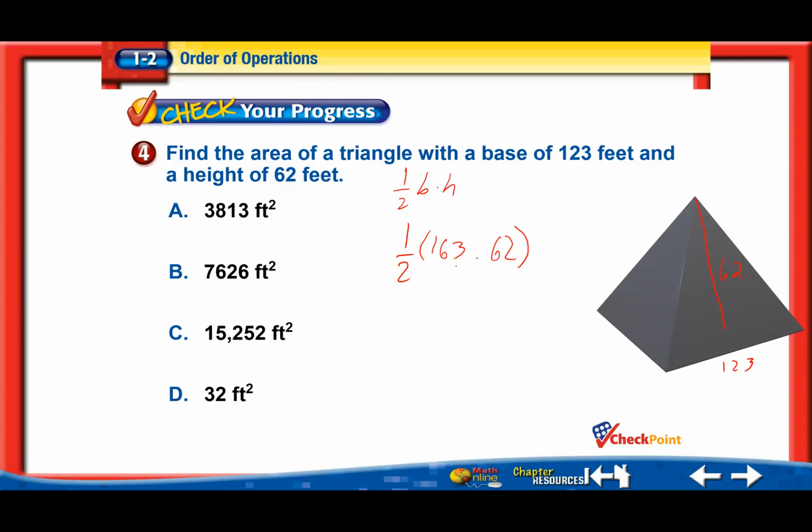So let's punch those into my calculator. 163 times 62 equals, I get 10106. And I'm going to times that by 1/2, otherwise known as divide by 2. Divide by 2 is what I'm punching into my calculator. I get 5,053. Oh no, what did Mr. Evans do wrong? Go!